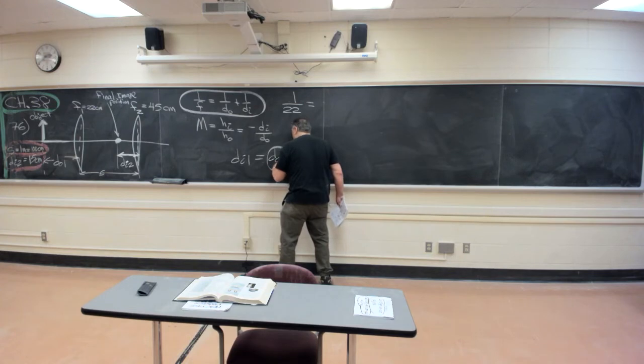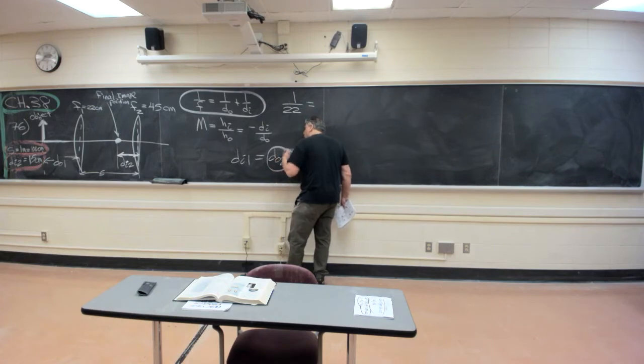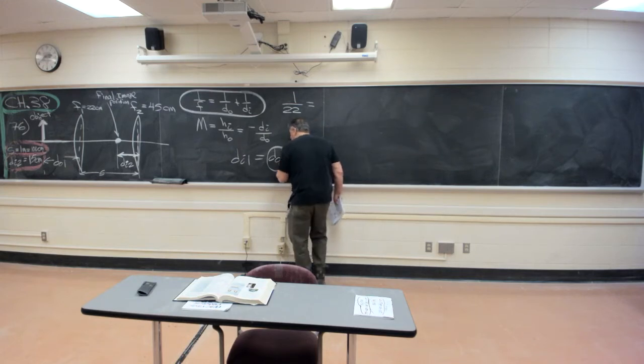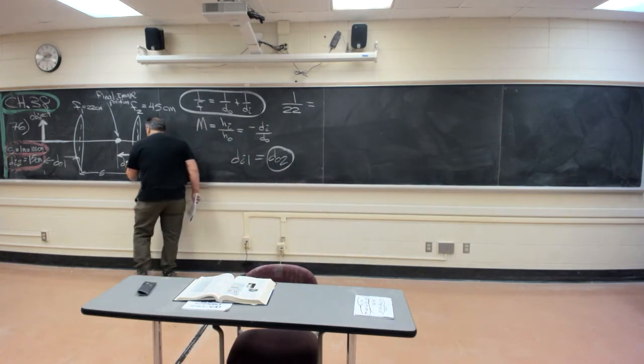DO2 will go through lens 2 with focal length 45 centimeters. The light from DO2 will go through the second lens, and this DO2 will give us Di2.